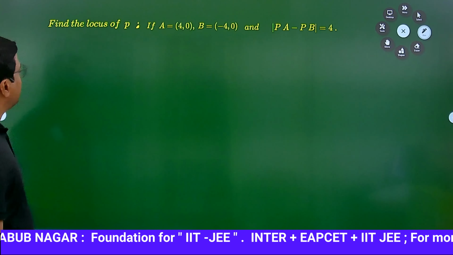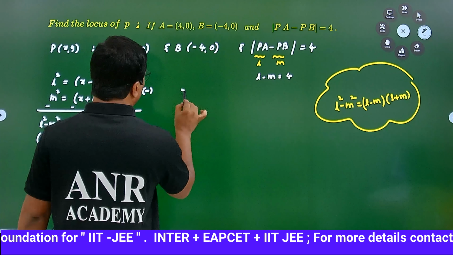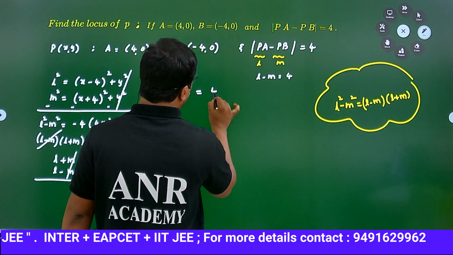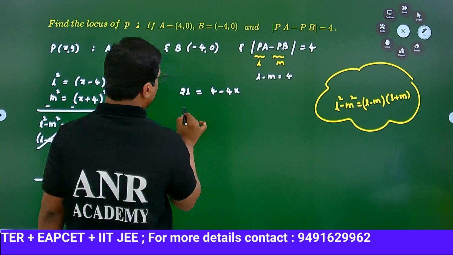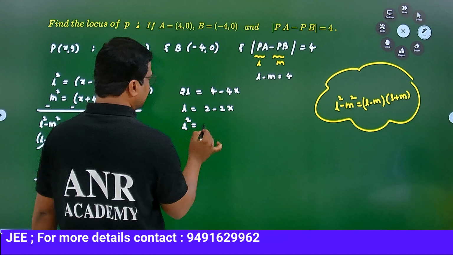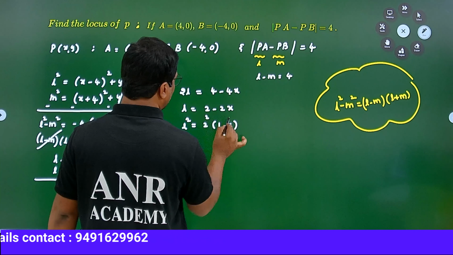You have the value of L plus M as minus 4x, and you know that L minus M is equal to 4. On addition, what do we get? M gets cancelled. Adding them, we get 2 times L, which is equal to 4 minus 4x. Therefore, L is written as 2 minus 2x. Apply square on both sides by taking 2 common, 2 into 1 minus x whole square.